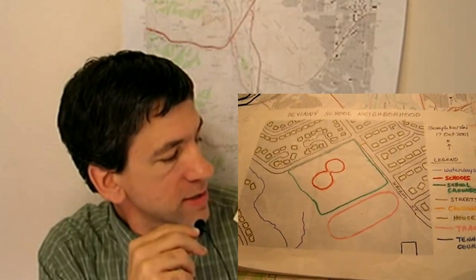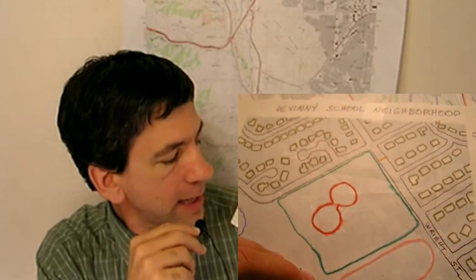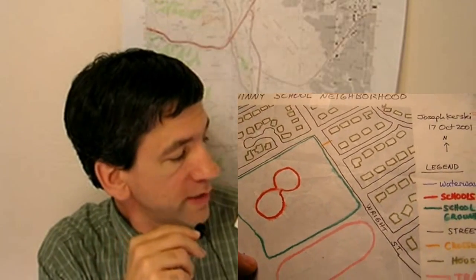So let me demonstrate what I've done here. As you can see here, what I've done is I've traced with the students different themes. I just chose a subset. I chose waterways, schools, school grounds, streets, the crosswalk, houses, the track, the running track in that particular campus, and tennis courts, which was a local feature.